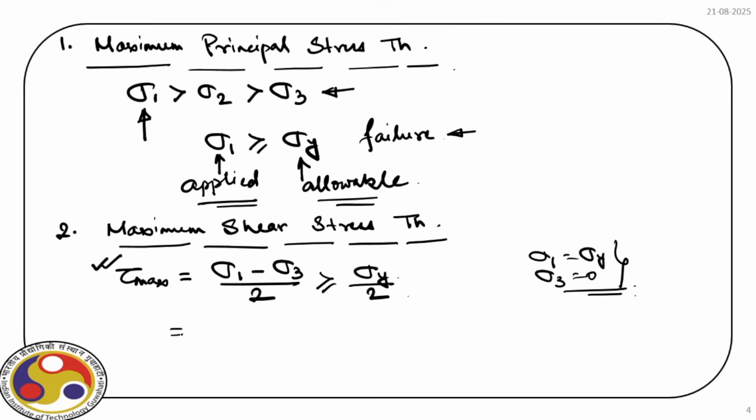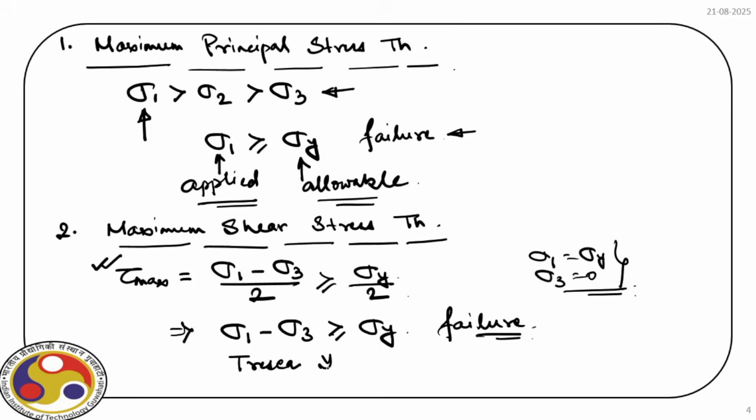Or in other words, we have sigma 1 minus sigma 3 greater than sigma y. If that condition is satisfied, this is failure, right? So that is the maximum shear stress theory. This is also called Tresca yield criterion.